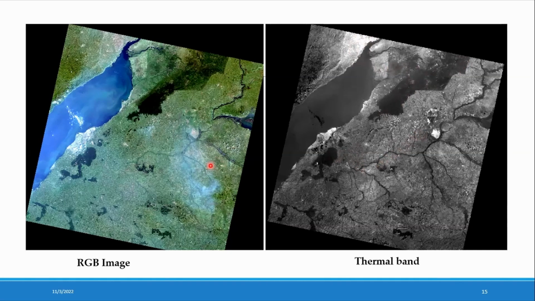Another interesting thing that I want you to draw, still trying to understand this image, is when you look at this image, I don't know if it is very clear on your screen, but you see here is a burnt area, and this seems to be smoke coming out and diffusing to other areas. Very well captured. You look at that area, it is very bright.